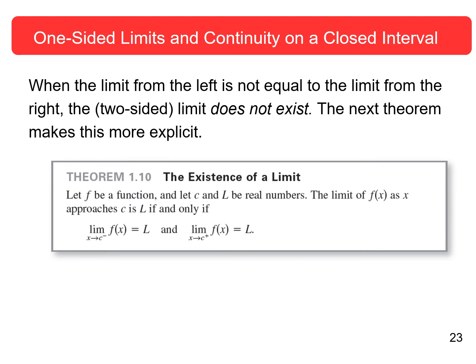When the limit from the left is not equal to the limit from the right, we say that the limit does not exist. That is what the existence of limit theorem states.